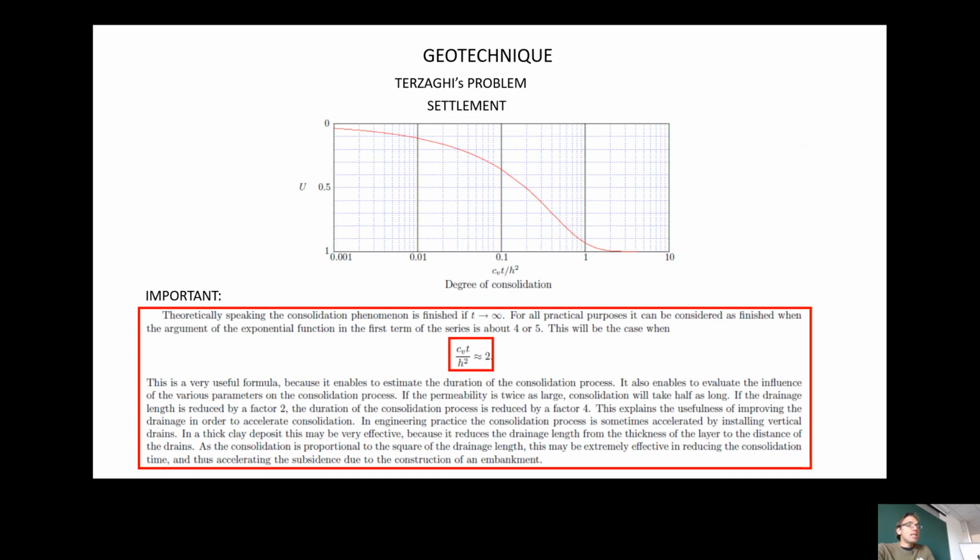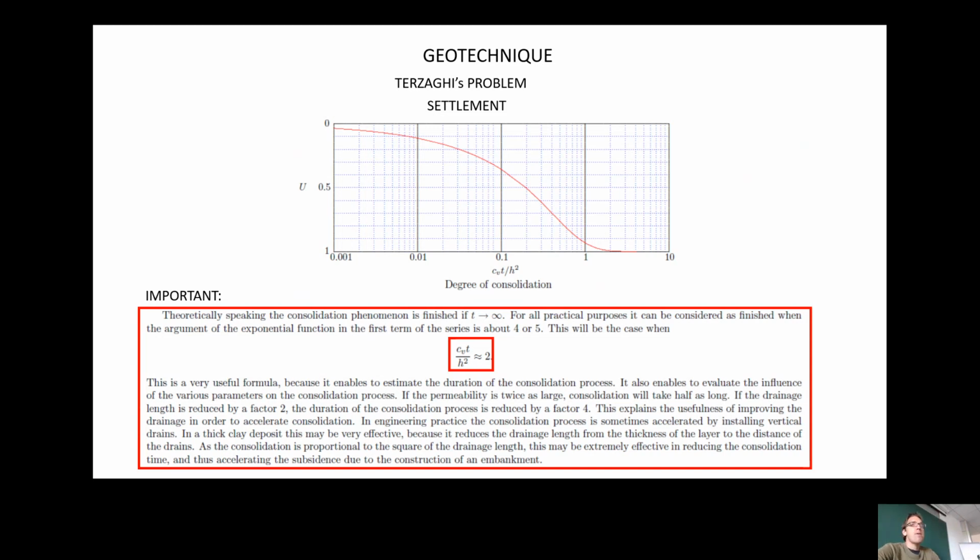So what we are talking about here is that when we are in a design consideration and we are constructing, for example, roads, embankments, whatever soil system, we have to consider consolidation. Consolidation is not a problem that finishes in a very limited time, because it depends on several parameters, as we saw.